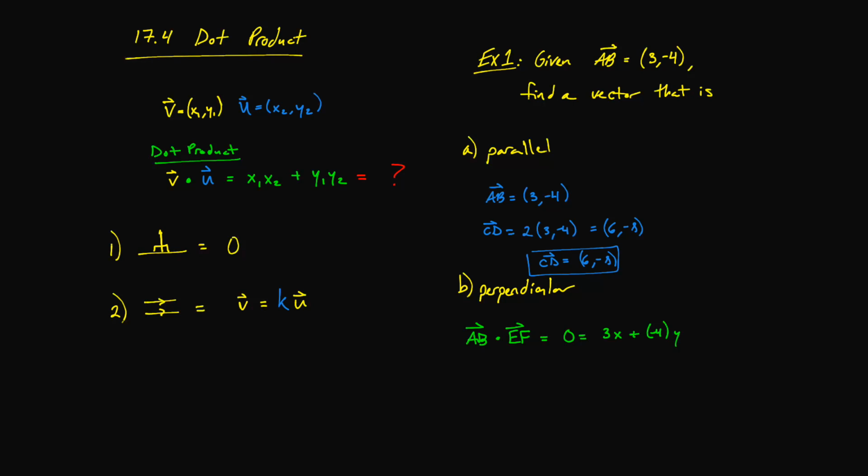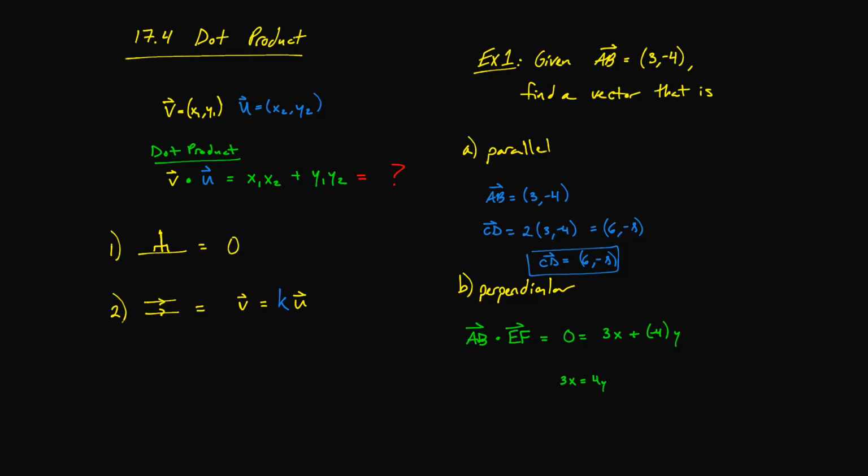Now I know your first thought must be, oh gosh, one equation, two variables. The best way to say it is, remember, your vector is going to be in terms of x and y. So you're looking to create a zero value. Now, this could be many different ones. What I'm going to say is I would simply write it as 3x is now equal to 4y because I added 4y to the other side.